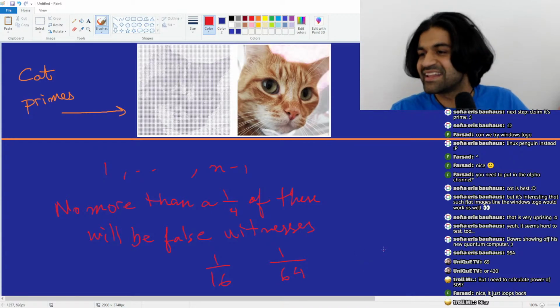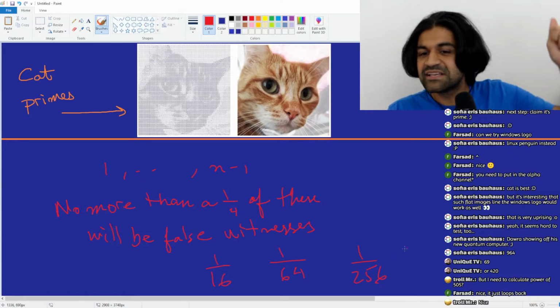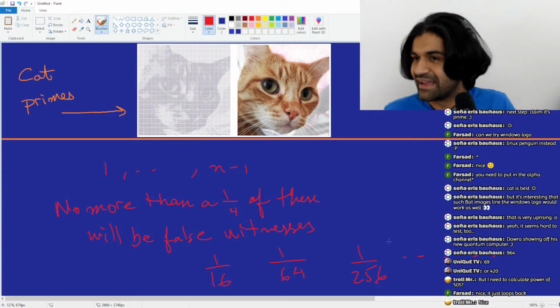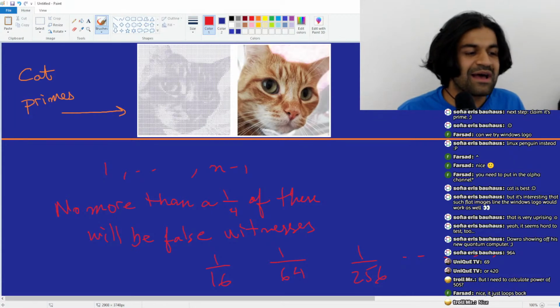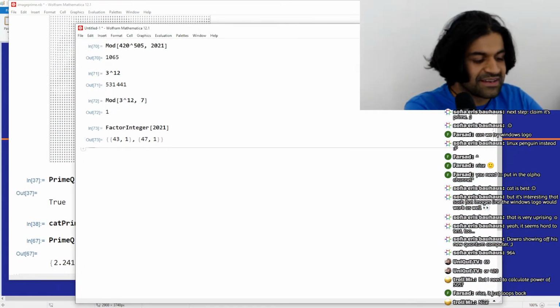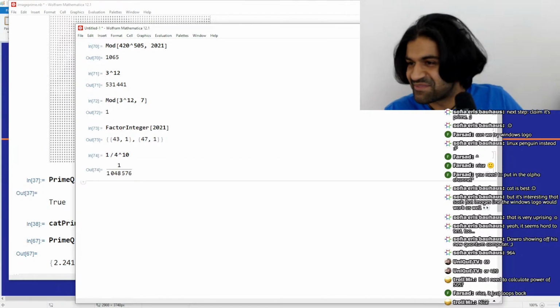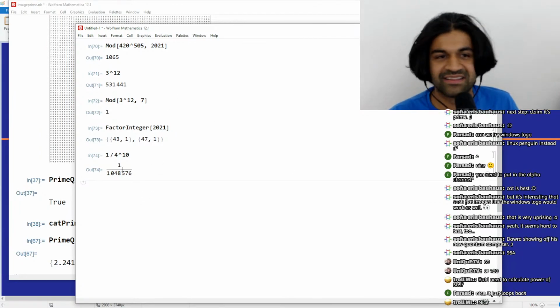And then you do it again, and the chance that you got unlucky again would be 1/256. So these probabilities go down astronomically quickly. So for example, if you do the Miller-Rabin test 10 times, what is the probability that you were just that unlucky? It would be literally 1 in a million chance.